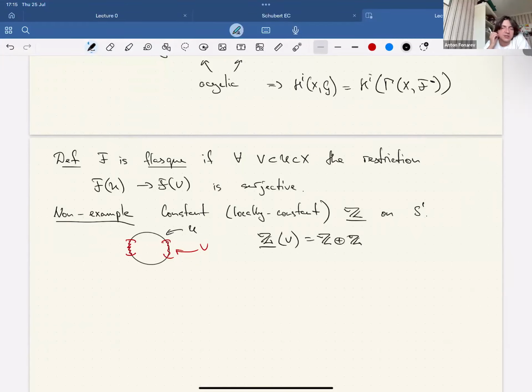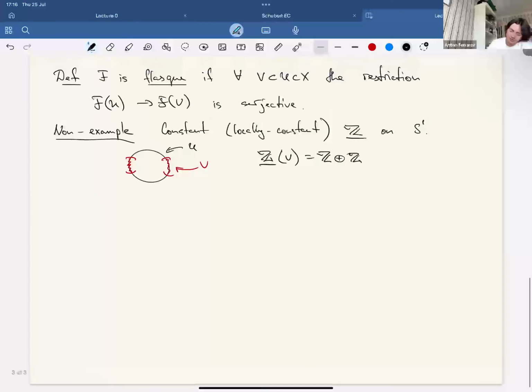And actually, I should make a comment here, because in the usual topology, if you take as the ring of functions the locally constant sheaf given by Z, and if your space is nice enough, and if you compute sheaf cohomology, then you will get the usual Betti cohomology, or singular cohomology, or whatever. However, this does not happen if your topology is very different.